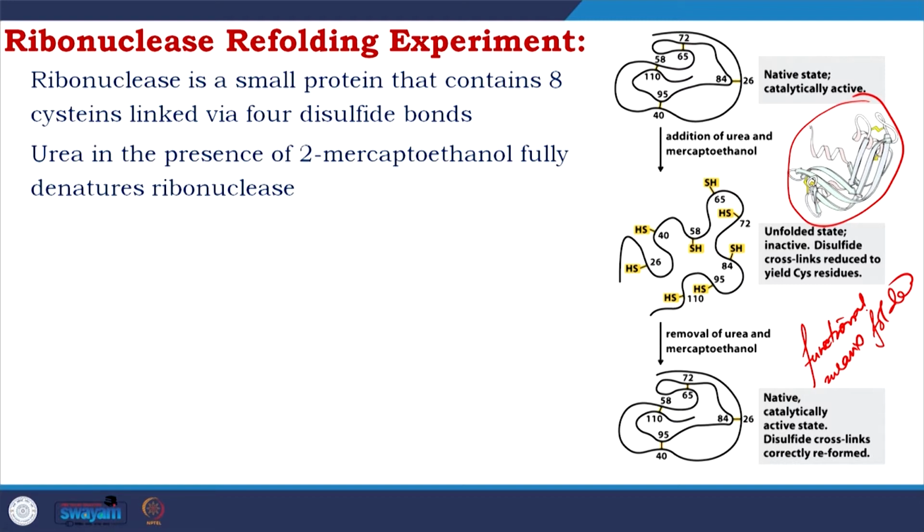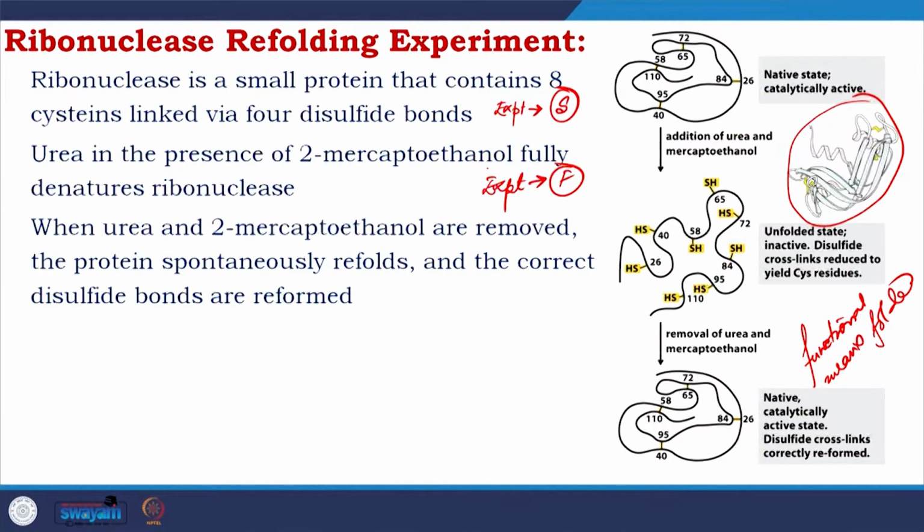So, from folded he brought it to the unfolded state, and he proves that the protein is unfolded because when he performed the experiment, it was a failure; it cannot convert the colorless solution to the red color. When urea and 2-mercaptoethanol are removed, the protein spontaneously folds and the correct disulfide bonds are reformed.